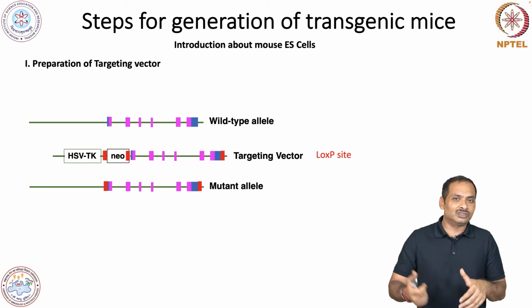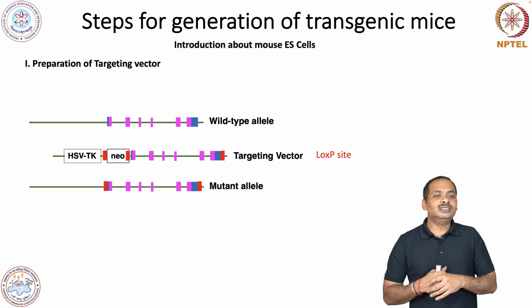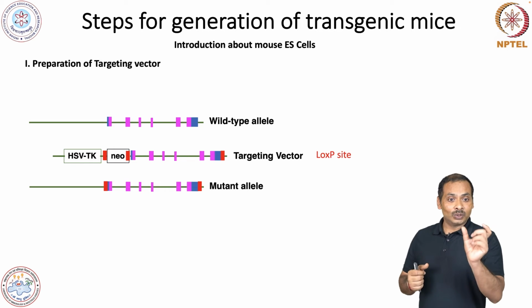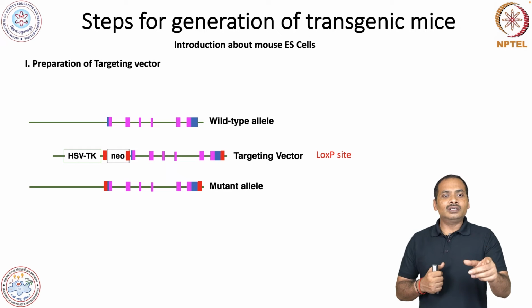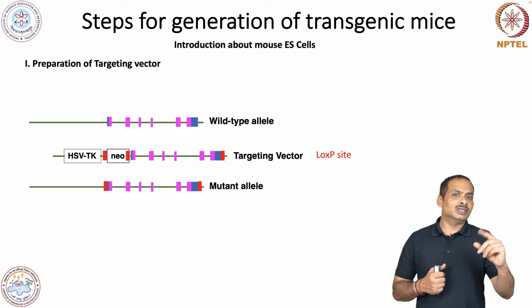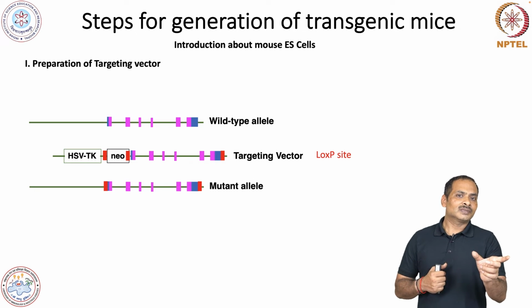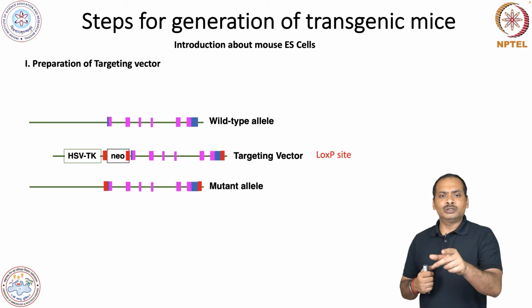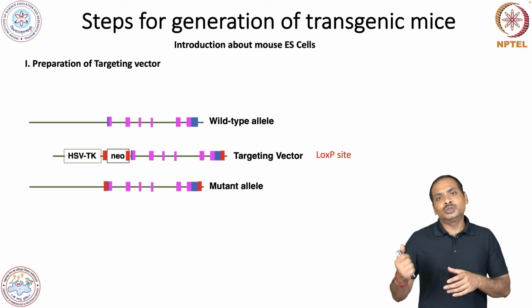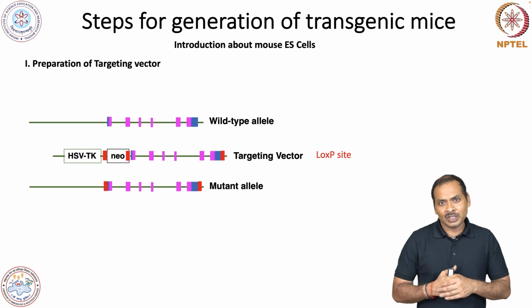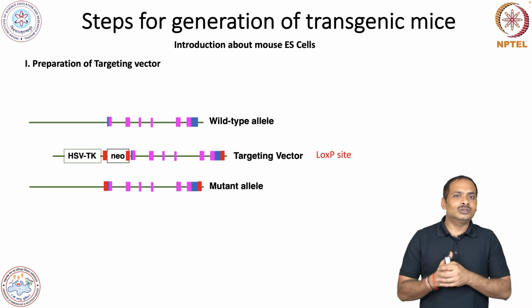You have to keep on trying, and then you have to reach this kind of situation, the mutant allele, where only LOXP sites are there, one upstream of the 5 prime UTR, and a LOXP site downstream of the 3 prime UTR of this gene. Once you have this, then you have achieved it.